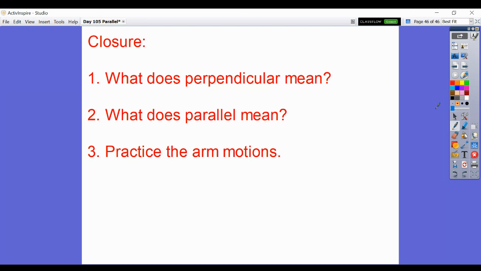Okay, you're back. What does perpendicular mean? It means that they cross and form right angles, four right angles where they meet, and when measured, it is a 90-degree angle.